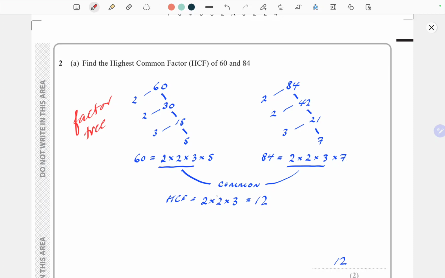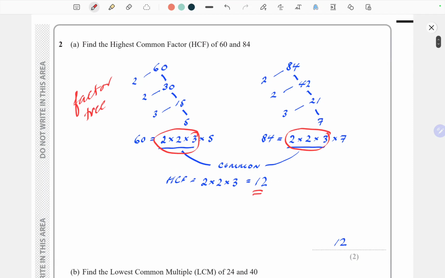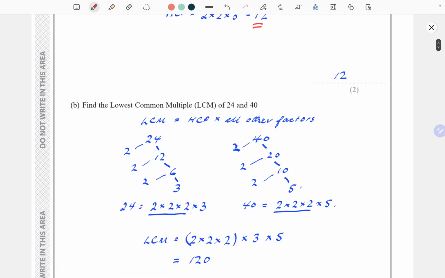So the highest common factor is made up by multiplying the factors that appear in both. I don't think you need to say too much more about that. So that's basically those 3 there and those 3 there. So that's 12 in the end, 2 times 2 times 3 that appear in both numbers.